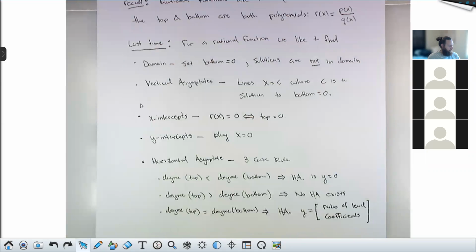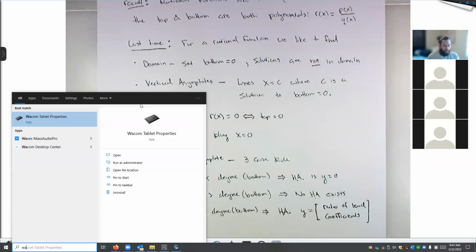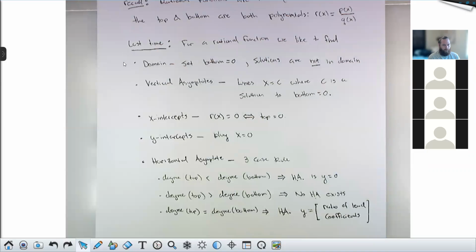So let's do one quick example where we're going to cook this stuff up and sketch a graph. We can verify on our graphing calculator. And then let's look at some more critical questions we can ask ourselves based on this knowledge. So it's not just how to graph, it's also how to infer about the function from the graph.